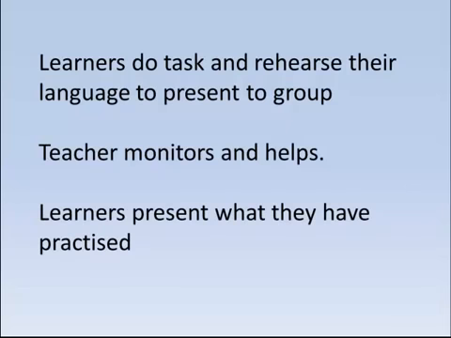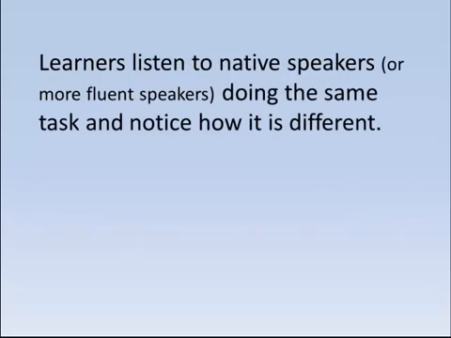The learners then present what they've practiced. Now, as I say, this might be to the whole group, or probably more productively, I'd say to do it in a smaller group. So one pair present to 2 or 3 other pairs perhaps, and they take it in turns. Another stage after that, and this is optional but it's often given, is that learners then listen to either native speakers or more fluent speakers doing the same task and notice how it's different.